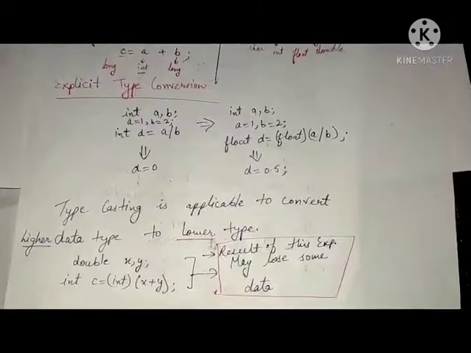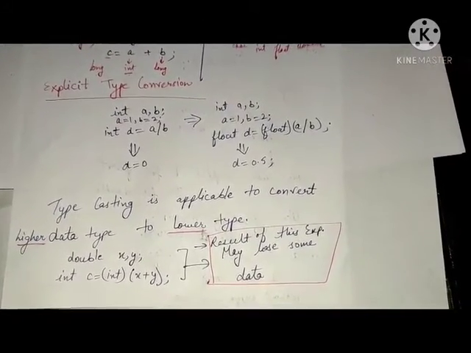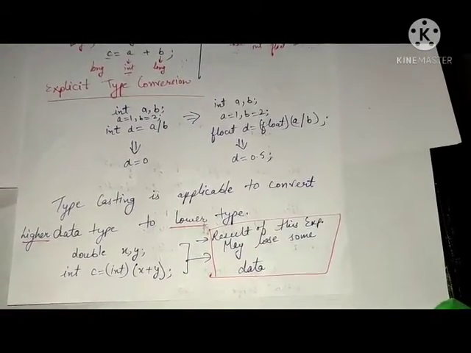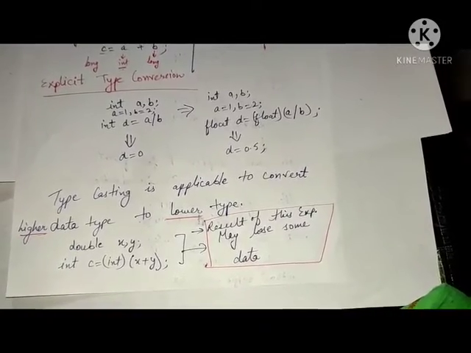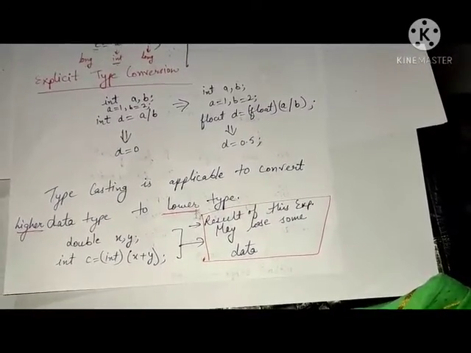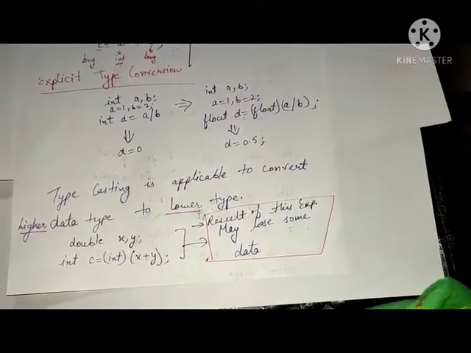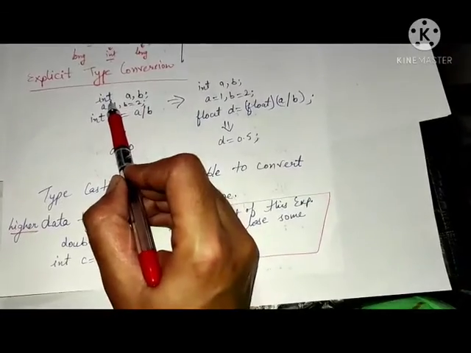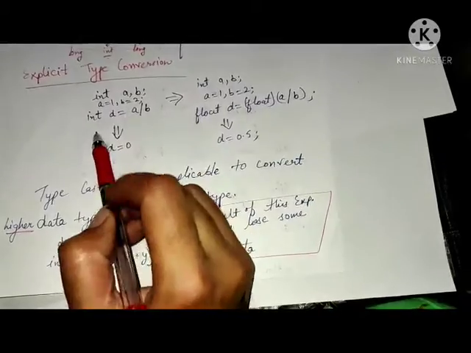Okay. Next is explicit type conversion. As I have already told you, when there is a need to convert from one data type into another according to the user's choice, then we use explicit type conversion. That means the user demands the system to get the result in the desired data type. In which conditions do we need it? For example, we have two variables a and b of integer type, and their values are 1 for a, 2 for b.